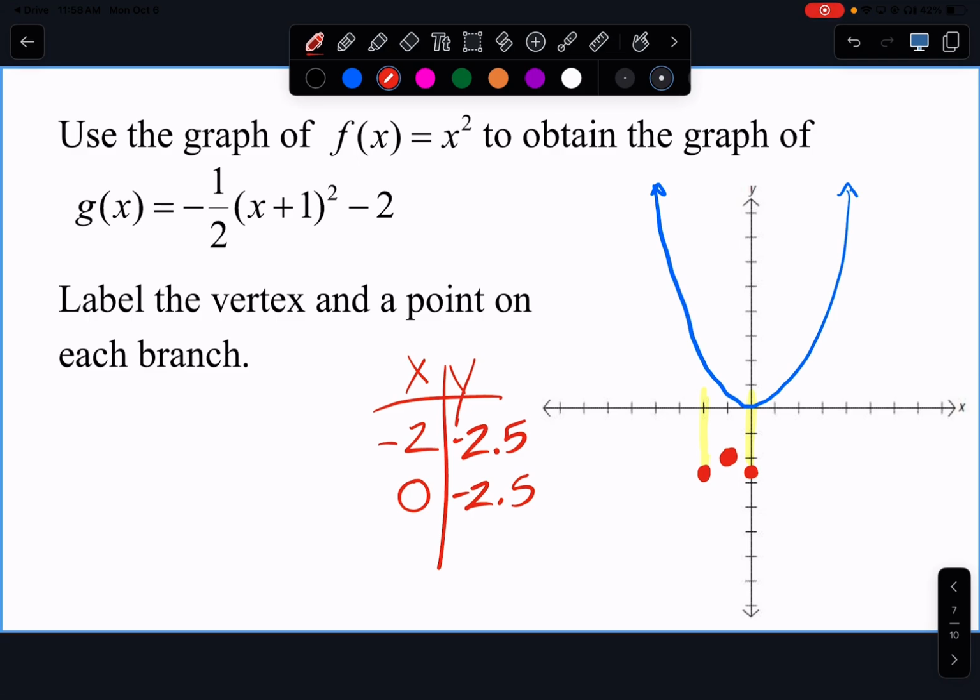Negative 2 minus 2 is negative 4. So if we did put that one on there, it'd be at negative 3, negative 4. And then the other one on the positive 1 would be mirrored. So what we can see is that it's opening up wider, or the graph in other terms is fatter than our parent graph.